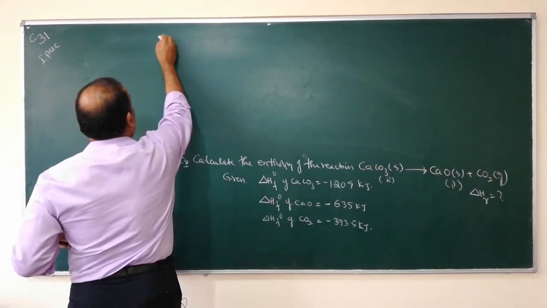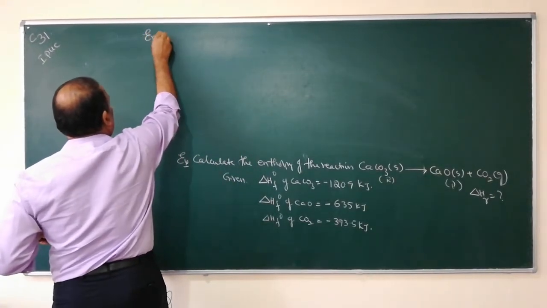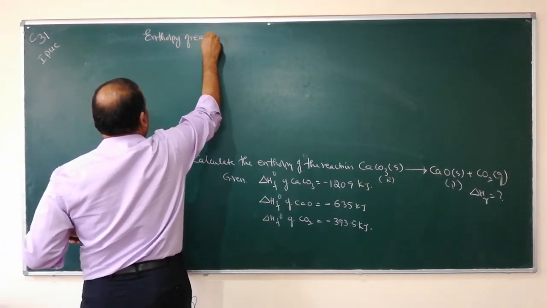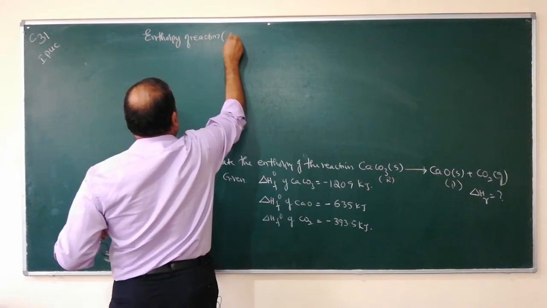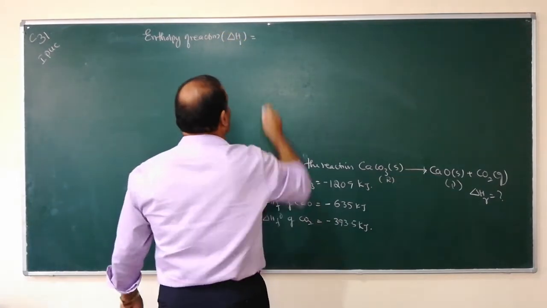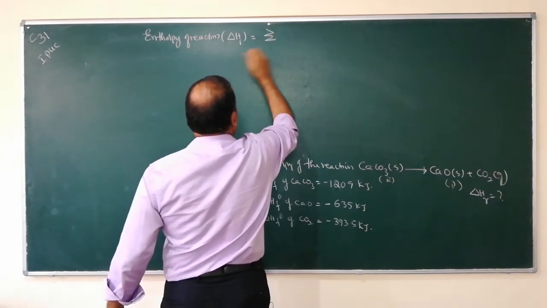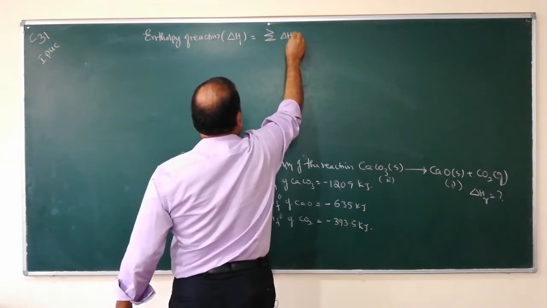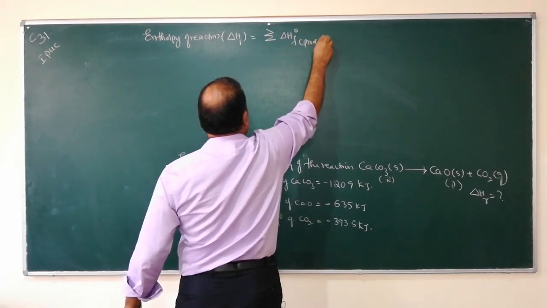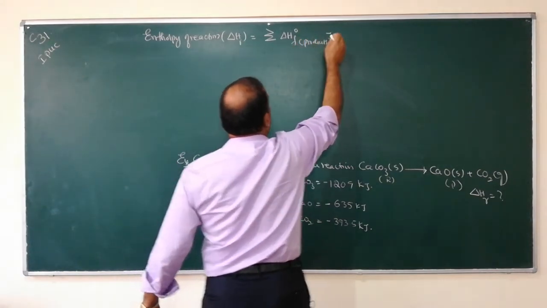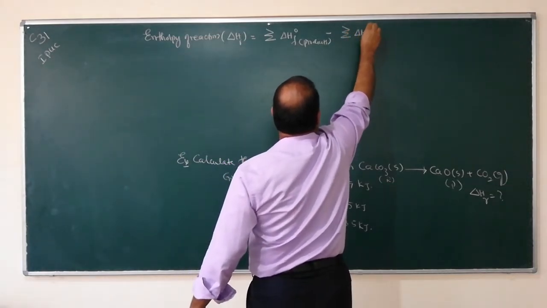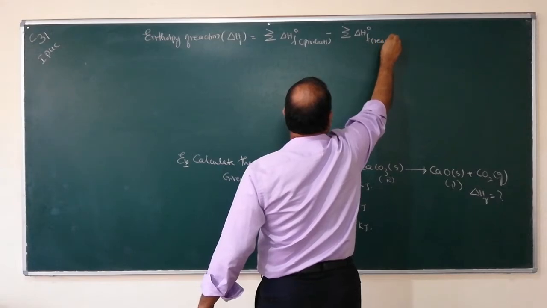So enthalpy of reaction, delta HR equals the sum of the enthalpies of formation of products minus the sum of the enthalpies of formation of reactants.